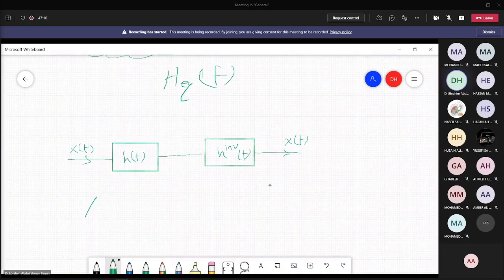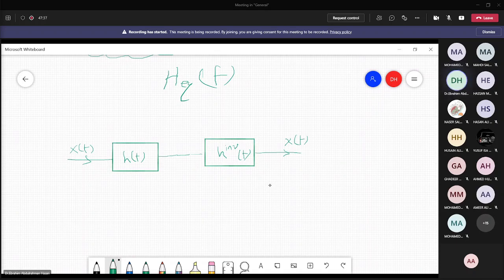Because x of f at the end equals h of f multiplied by h inverse of f, using multiplication. Okay, let's write the time domain first.